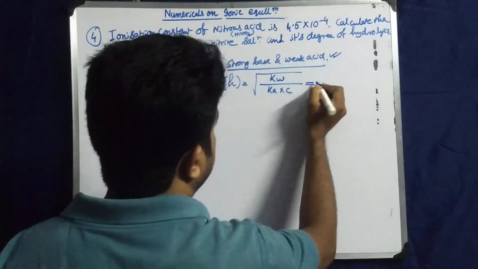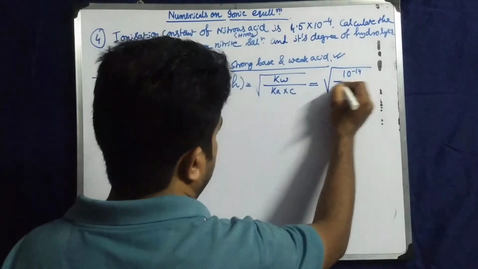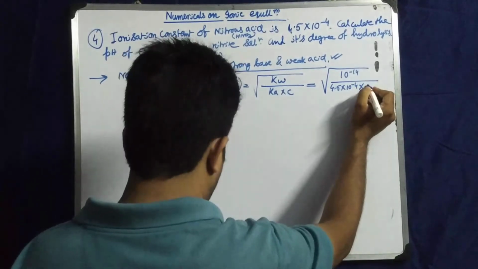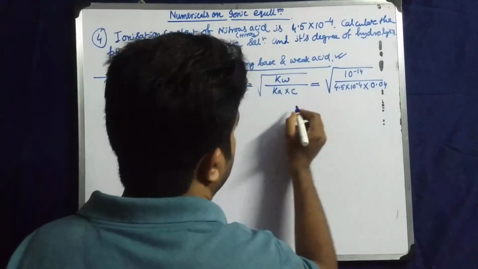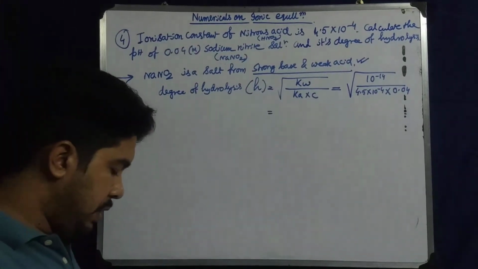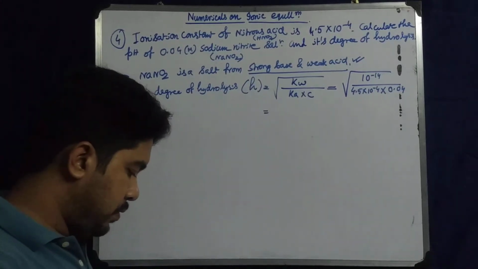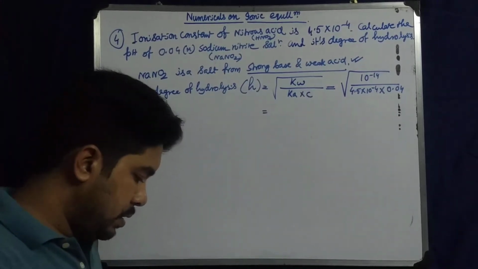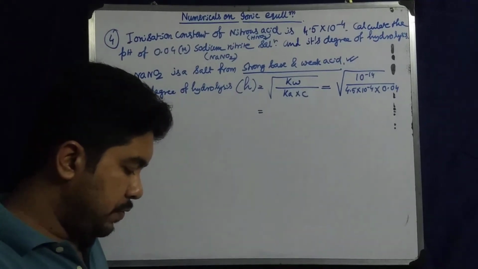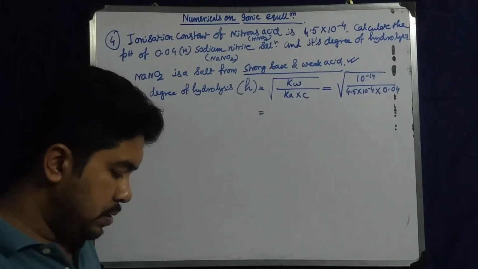So let me do it. So it will be 10 to the power minus 14 and 4.5 into 10 to the power minus 4 into 0.04. So just put the values over there. So let me calculate it. How much it will be? 10 to the power minus 14, 4.5, 10 to the power minus 4, 0.04.